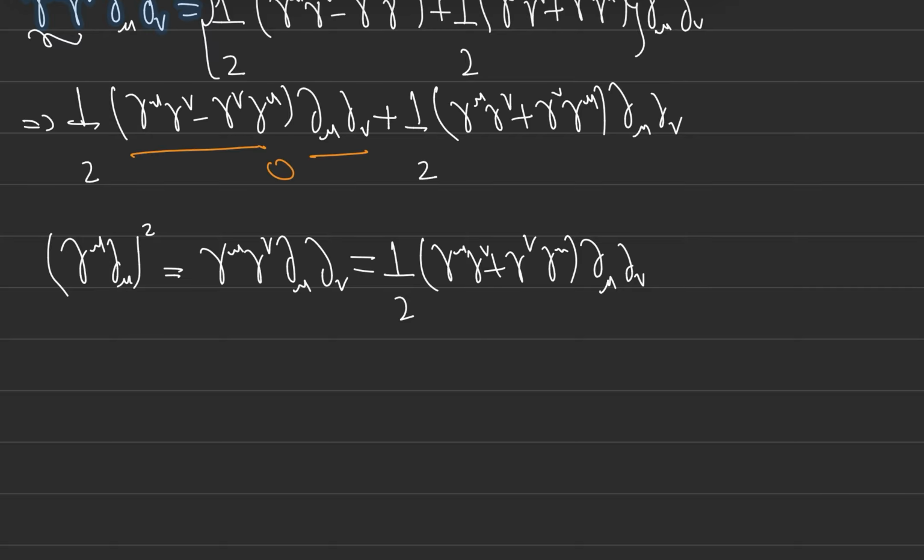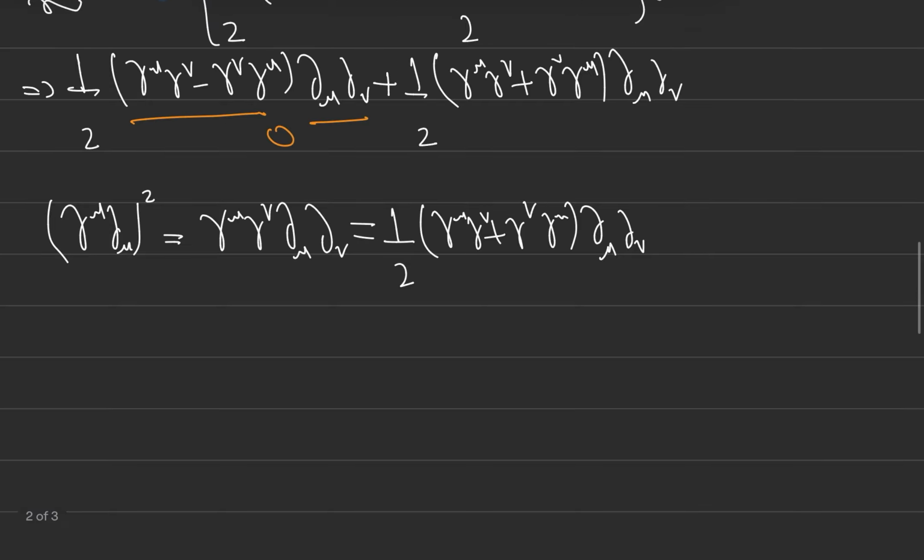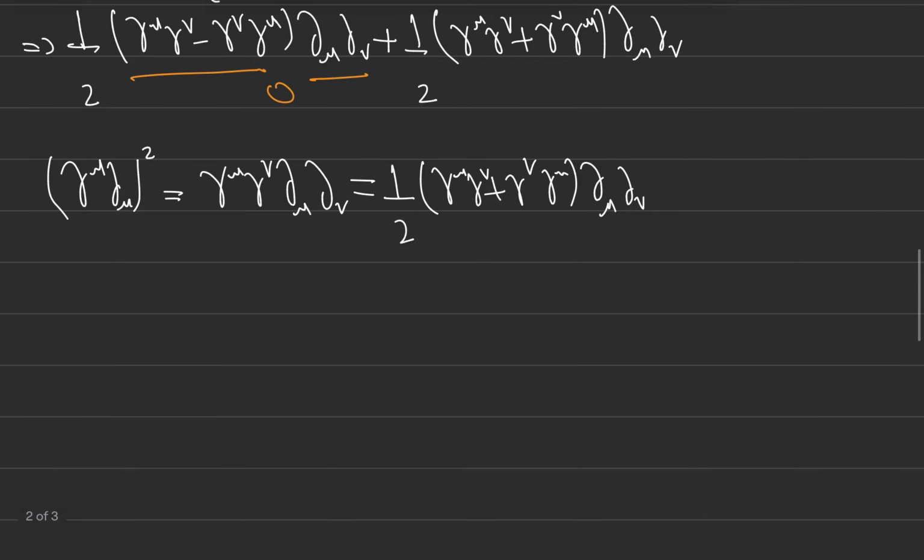Okay, now for this to be equal to partial mu, partial nu, which was our original goal, like for this to be equal to this, what do I need? Can you guess it?